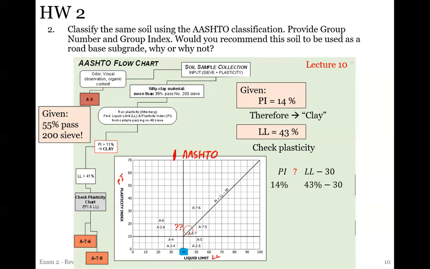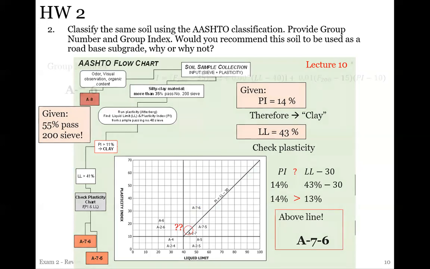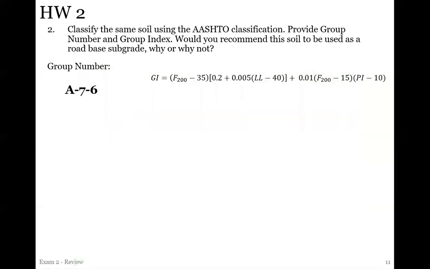So 43 minus 30 is 13, and that data point is at 14, so we are above that value, which means we are in this region. We are above the A line, which means it's an A76. So we have our group number, A76.